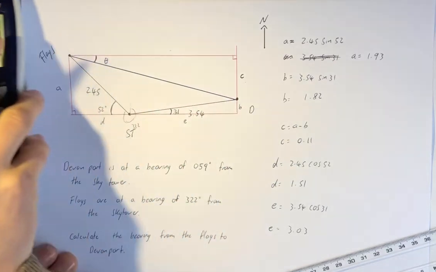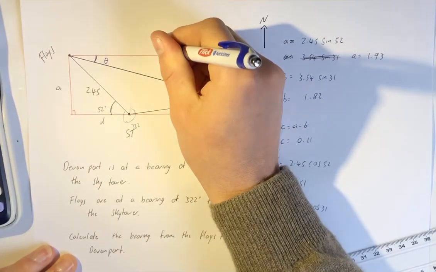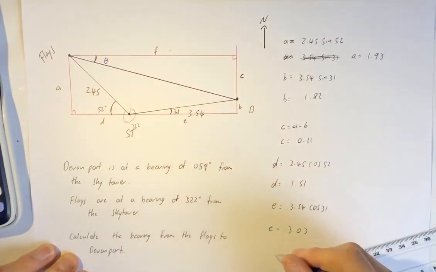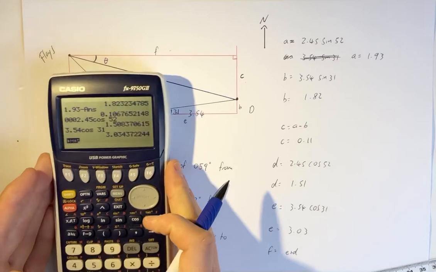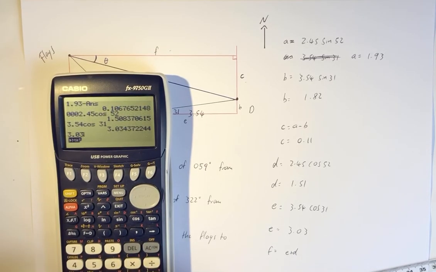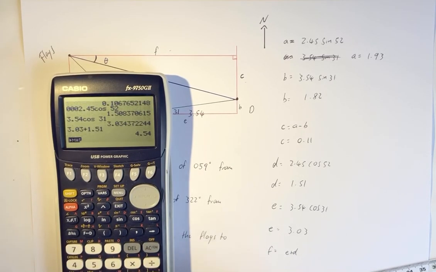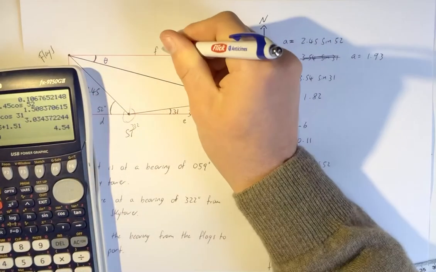Great. If we add those together, we'll have this side F. So F is E plus D, 3.03 plus 1.51. So F is 4.54 kilometers. I'm just going to write that one on here.